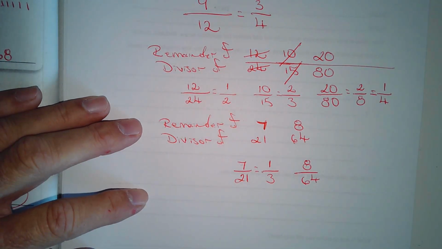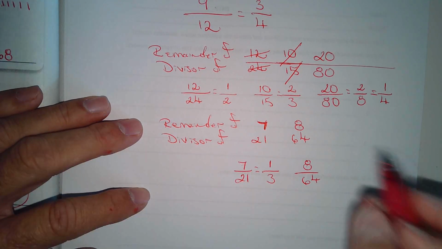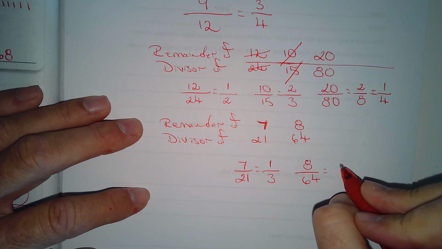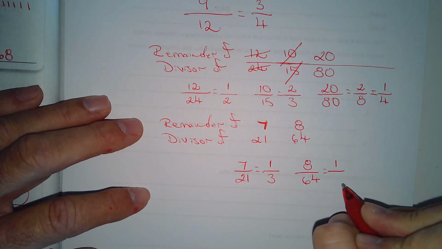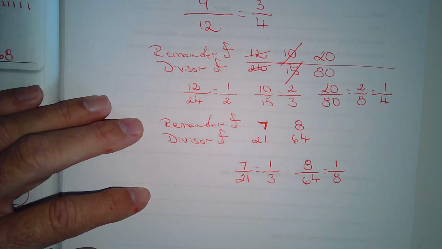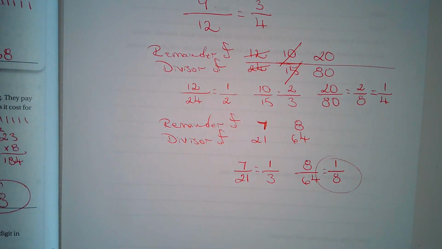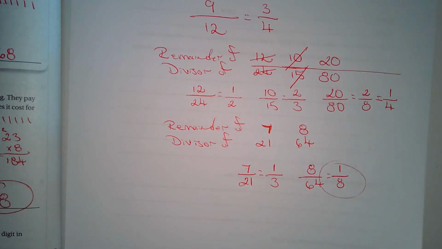Now you need to think of a number that will go into 8 and go into 64. 8? Yeah, 8 goes into 8 how many times? 8 goes into 64 how many times? 7? Close, 8. So that reduces down to 1/8. Okay? Miss Nealons, I'm going to pick on you once more.